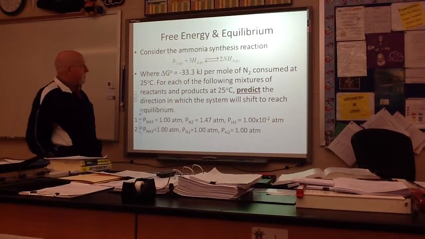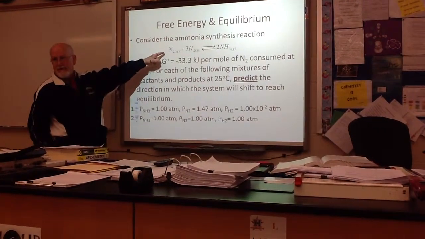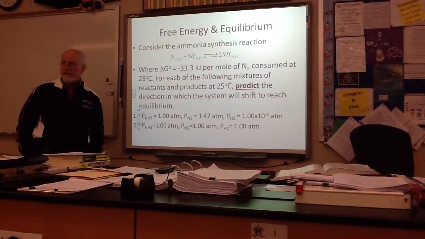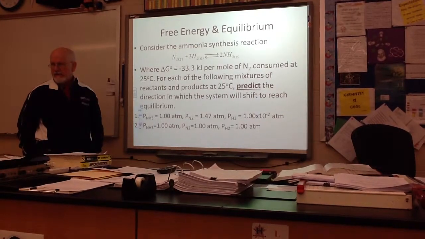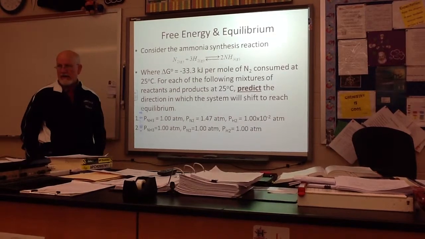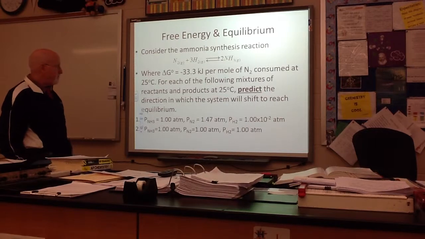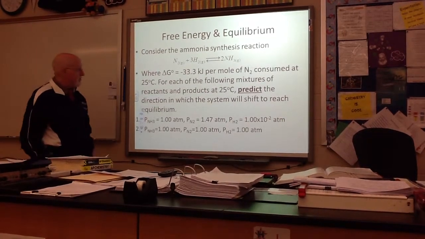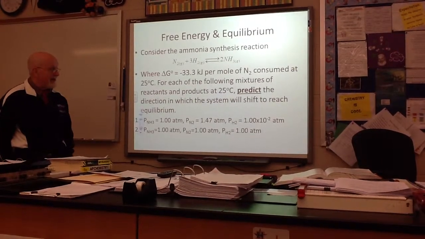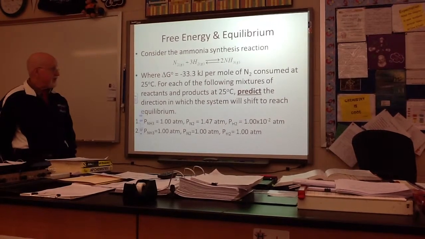So, here's our old friend. Anybody remember the name of that equation? Haber process, making ammonia. The history behind that is the guy who did it, Franz Haber, was actually trying to make nitrates so he could make explosives in World War I. So in this particular problem, delta G naught is equal to minus 33.3 kilojoules per mole of nitrogen consumed at 25 degrees Celsius.